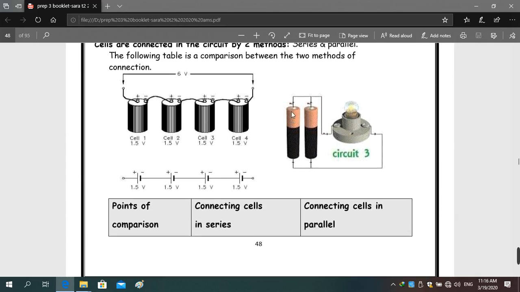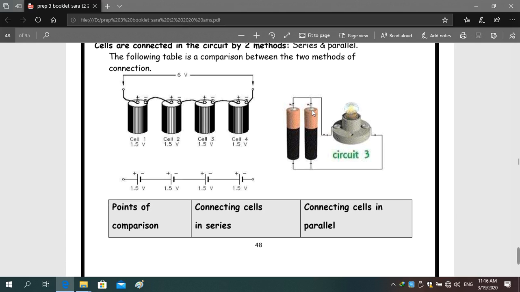The second type of connection is called a parallel connection, like here. A positive pole is connected to the positive pole, not like a series connection. In a series connection, as we mentioned before, the positive is connected to the negative. But here, positive is connected to the positive and negative is connected to the negative pole. In a parallel connection, to calculate the total EMF, we take one value only for each battery.